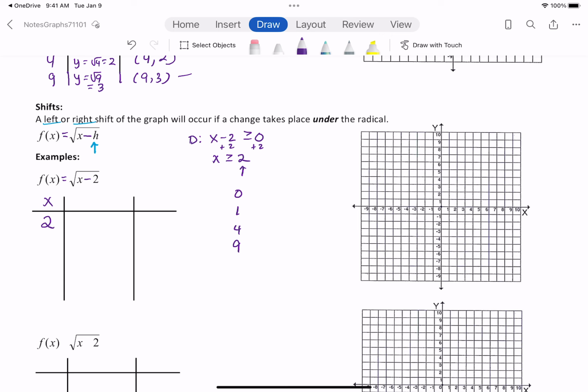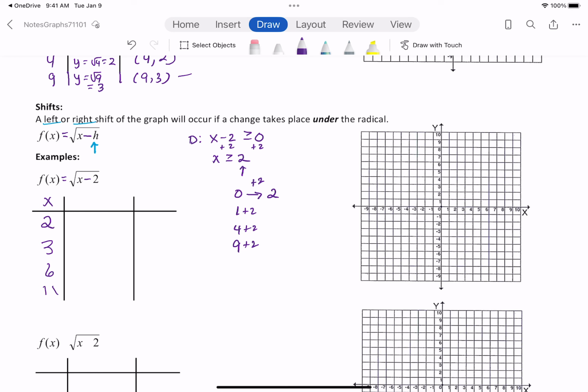From the parent graph, my first x was 0, and this time it is a 2. So to get from that 0 to the 2, we added 2, right? So that's what we're going to do to get our other x's. We're going to add 2 to each one of them. So 1 plus 2 is 3, 4 plus 2 is 6, and 9 plus 2 is 11.